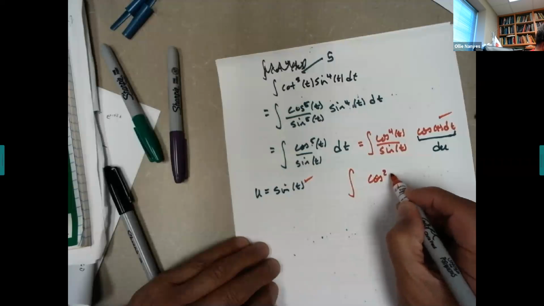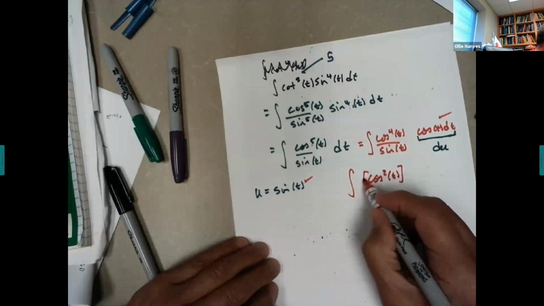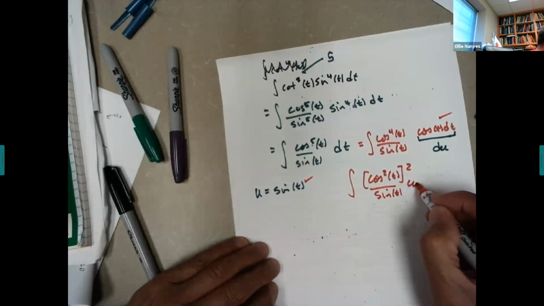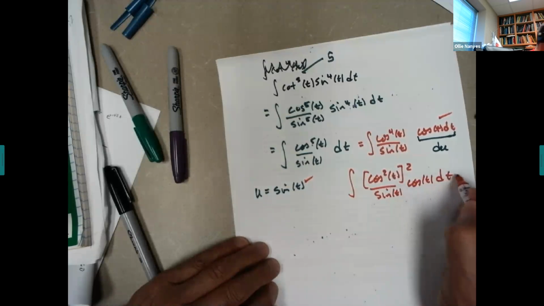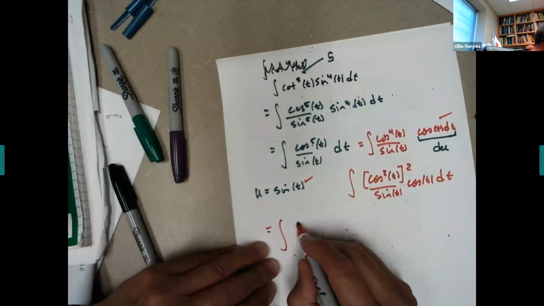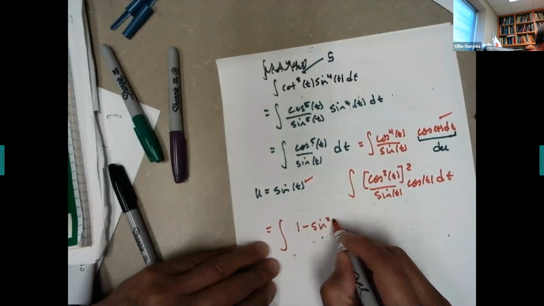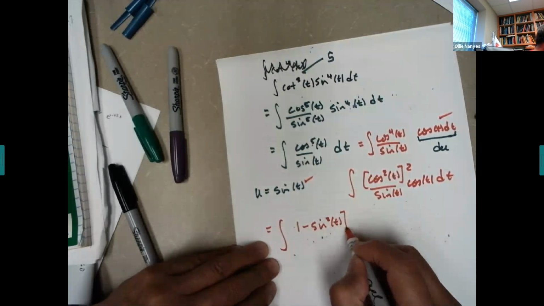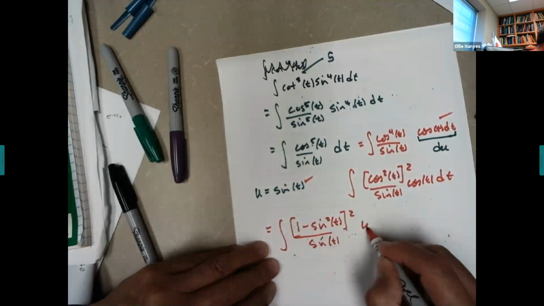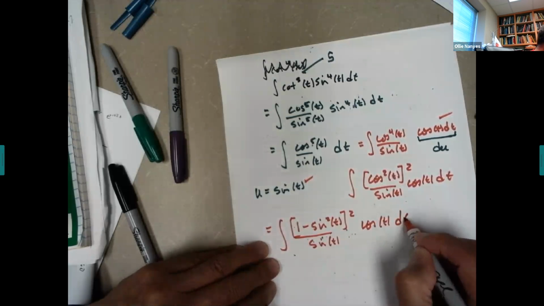This could be cosine squared of t squared times sine of t cosine t dt. We're off and running now, because that's now 1 minus sine squared of t, squared, times sine of t cosine t dt.